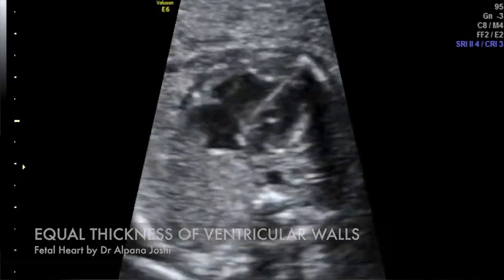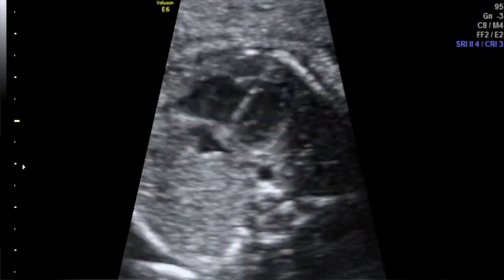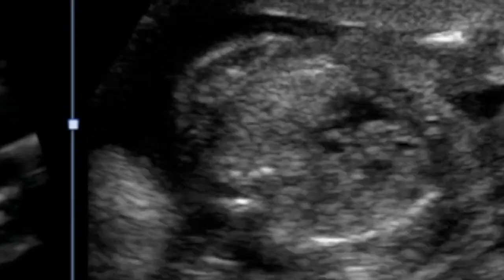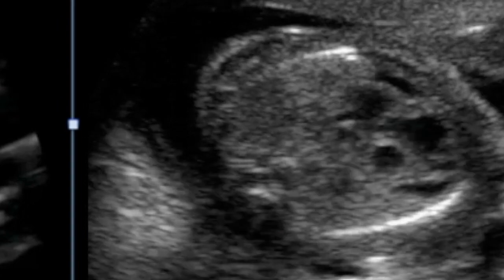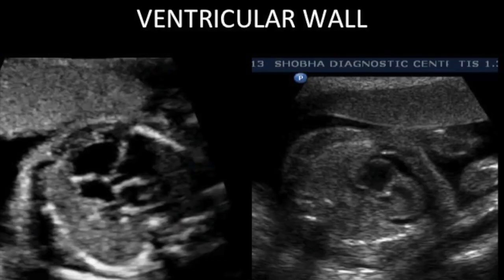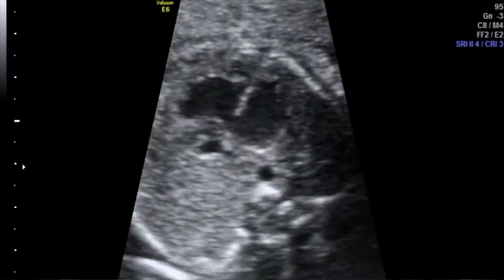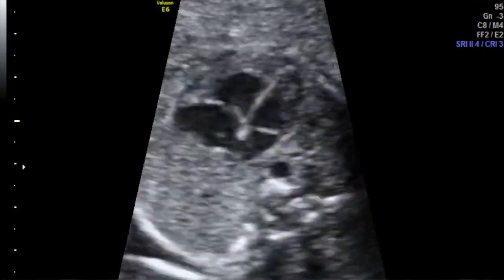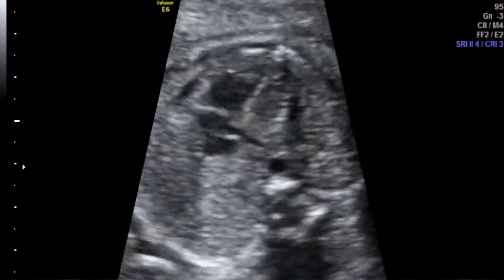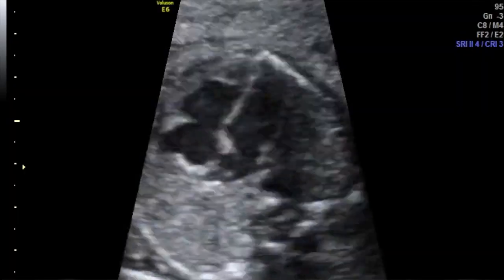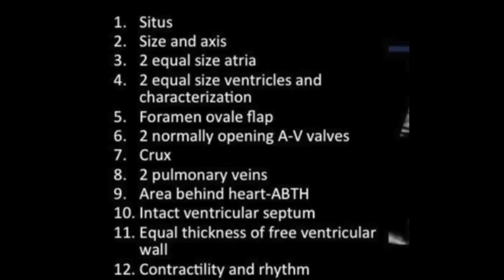You should always look at the thickness of the ventricular wall, and this is something abnormal. You can make it out easily when your eyes are trained to look at these structures. Contractility and rhythm, of course, the heart should be rhythmically contracting, as you can see here. So these are the 12 points to look at in the four-chamber view of the heart.